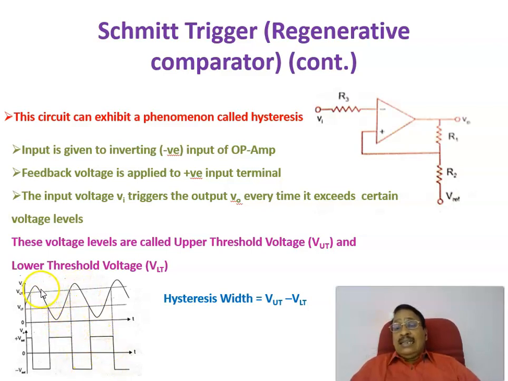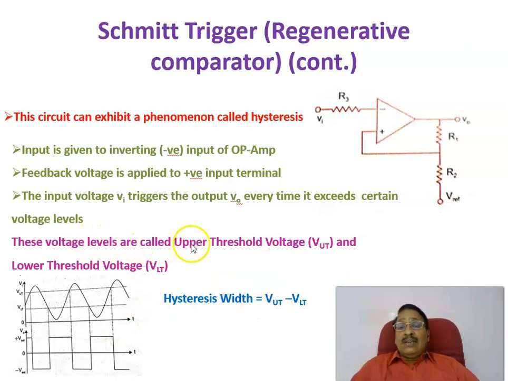Therefore, there is what is called the hysteresis, which is the difference of the upper threshold voltage minus the lower threshold voltage, VUT minus VLT. That is called the hysteresis width.